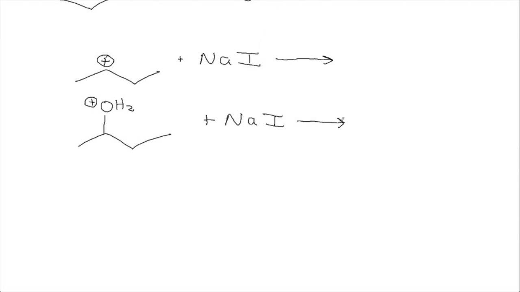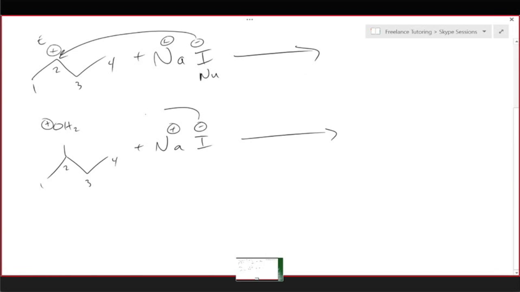Let's try this example on your screen. Try to come up with a complete set of electron pushing arrows here. Great. So what are the roles that atoms are playing?